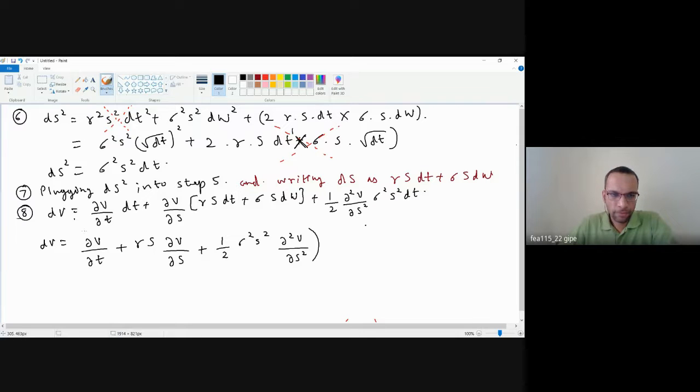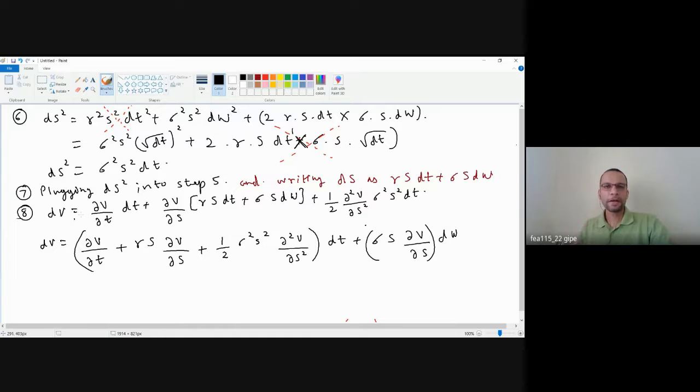This thing into dt, I'll just take dt common. That's it. Plus sigma s ∂v/∂s into dw. Okay, so have we taken everything? Okay, looks okay. Fine. So my dt's and dw's have been separated. So that way my dv portion is done.